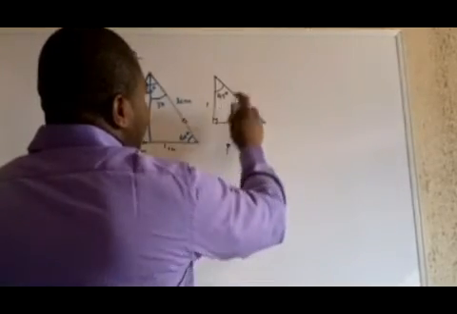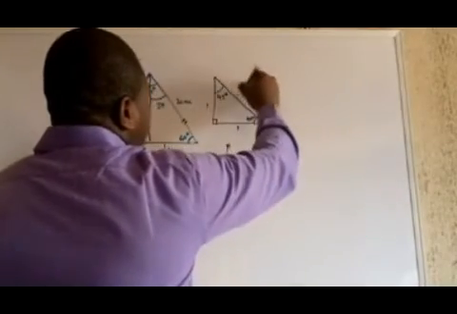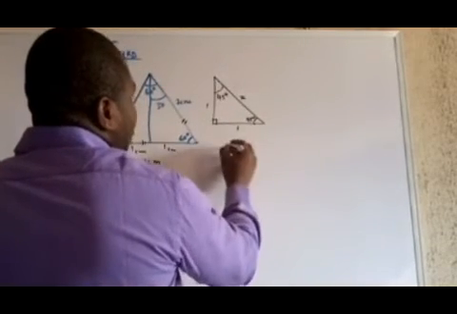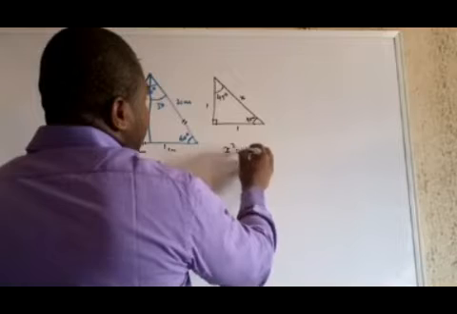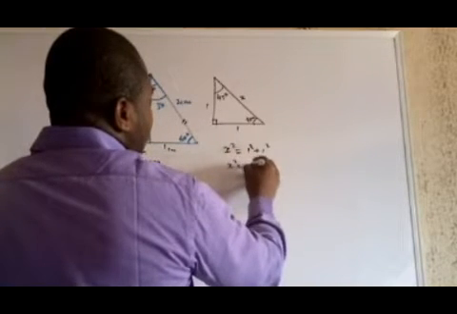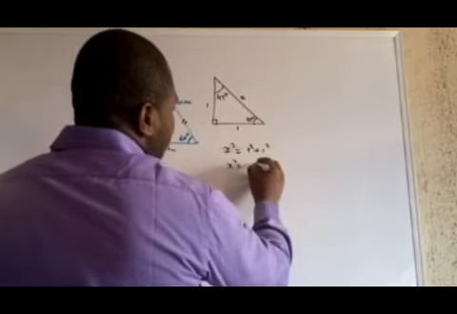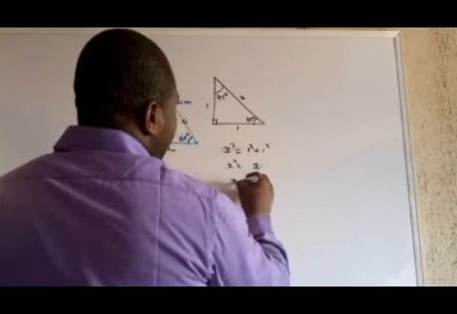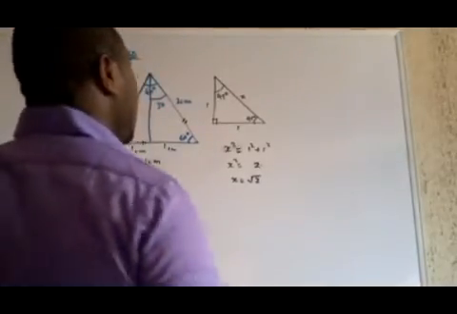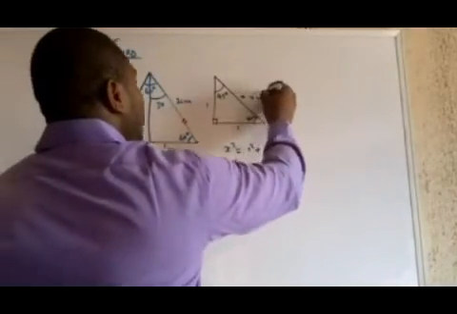From Pythagoras theorem, this side, let's mark it x, we can get it like this: 1 squared plus 1 squared. So x squared is equal to 2. So x is just square root of 2. We can apply surd in this form. So here we have root 2.